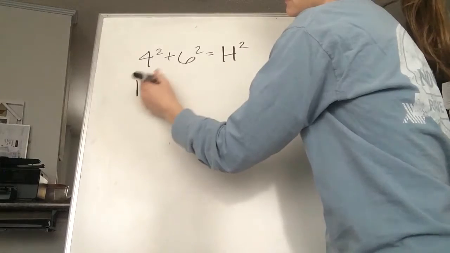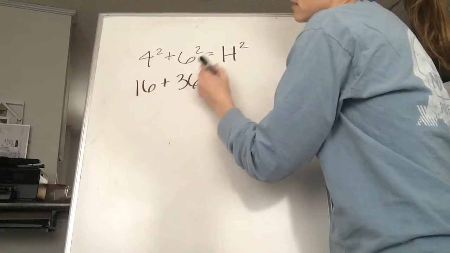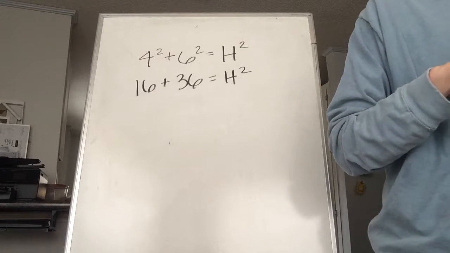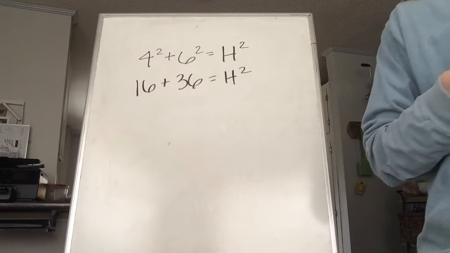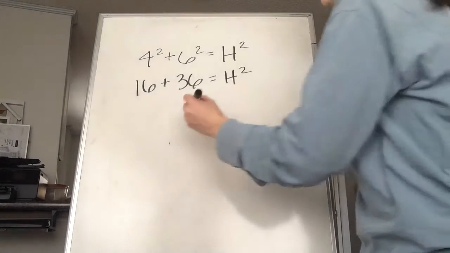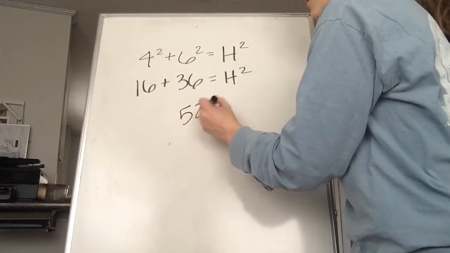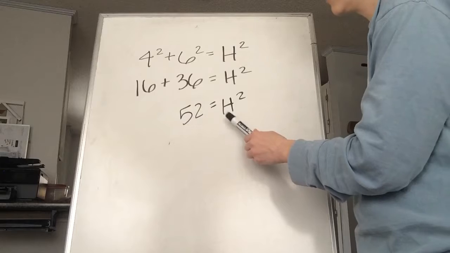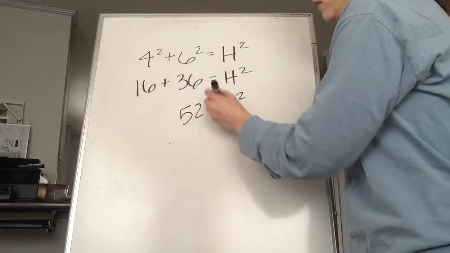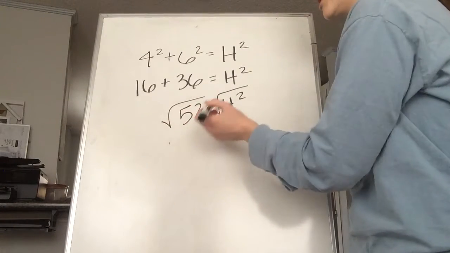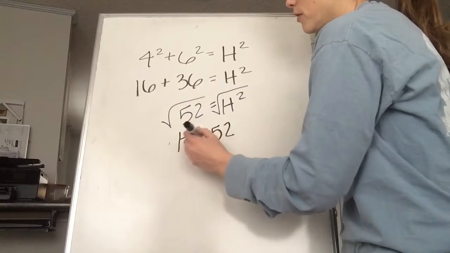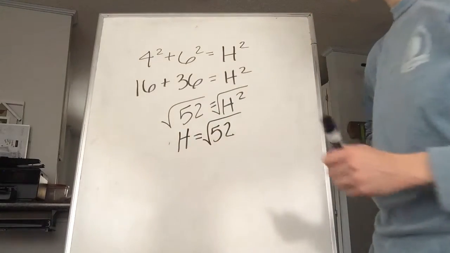So 16 plus 36, and 16 plus 36 is 52. Still equal to hypotenuse squared. So to undo the square, you have to do a square root, and you have to do it to each side. So the hypotenuse is equal to the square root of 52.